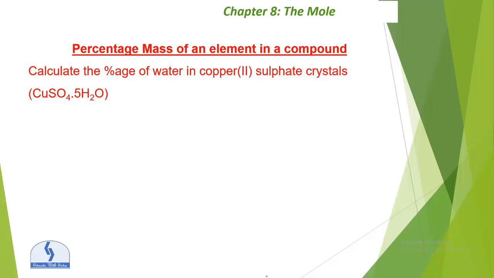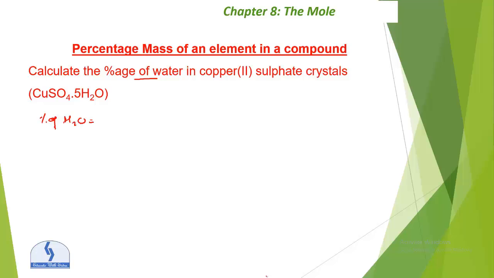Percentage mass of an element in a compound. Calculate the percentage of water in copper sulfate crystals, that is CuSO4.5H2O, right? How will you do that? Percentage of water, okay? So we know the formula.